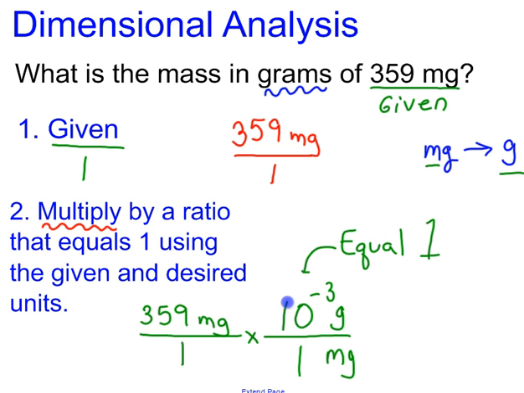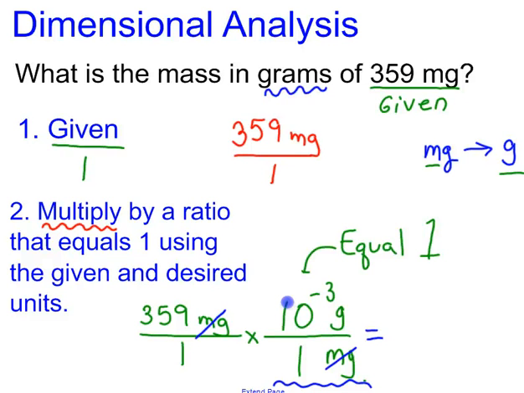Now we have a ratio, this one right here, that equals 1. 10 to the minus 3 grams is exactly equal to 1 milligram. So this ratio right here exactly equals 1. I'm going to multiply, and in doing so, my units here will cancel.